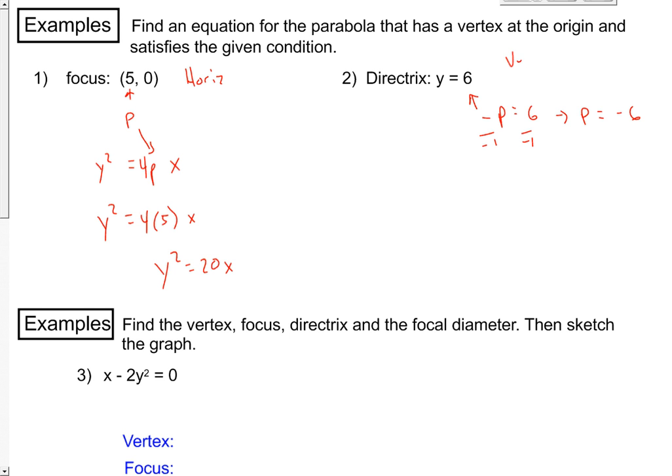That means this is a vertical parabola, which means I have x squared equals 4py, and my p-value is -6, so I'm going to plug in -6, and I get x squared equals 4 times -6 times y, and I get x squared equals -24y.